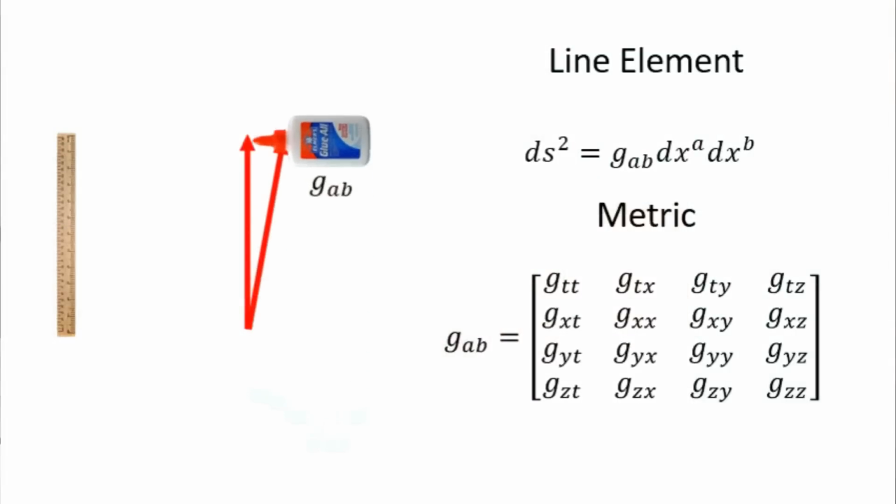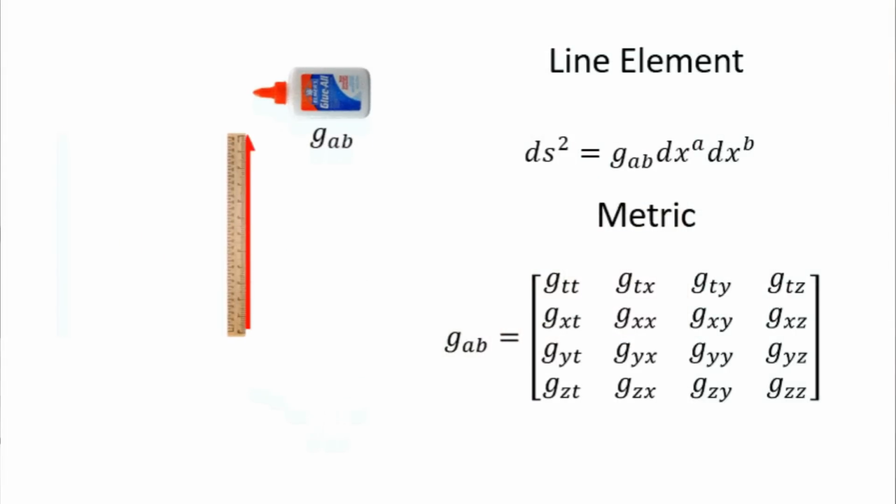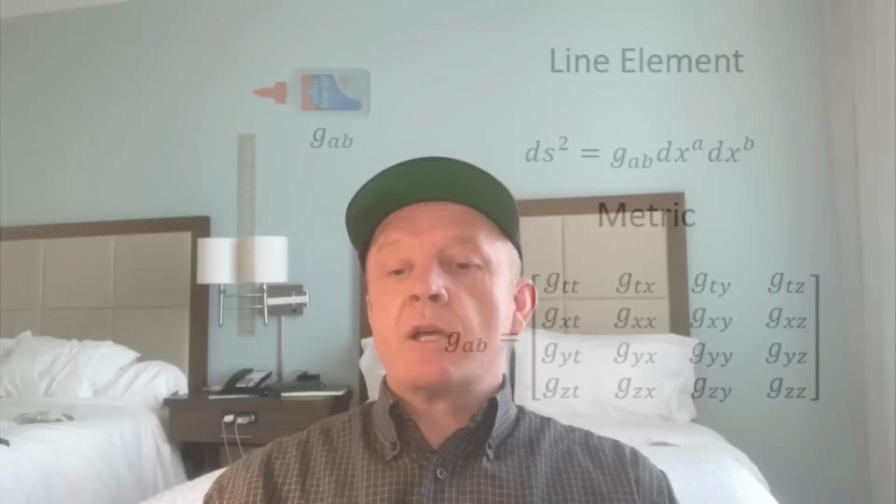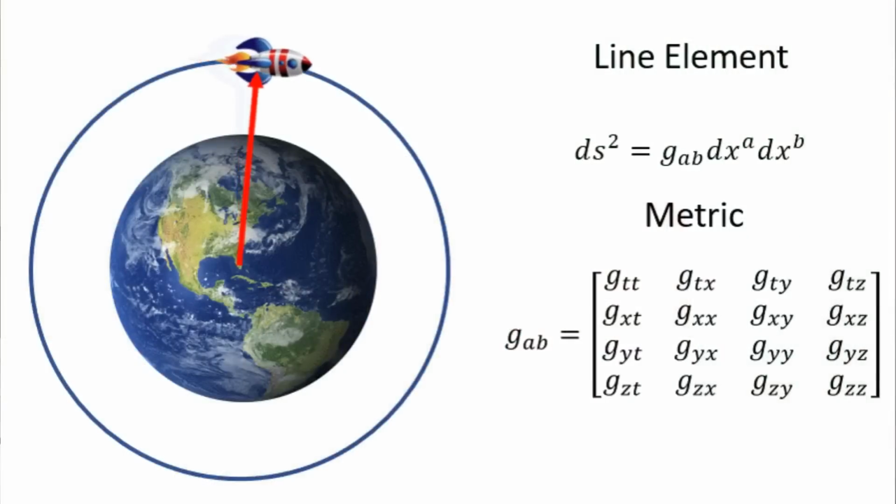Now we can take two four vectors and combine them together to get an absolute distance between different reference frames. And so this is done by using a little mathematical tool called the metric. Now the metric is just a simple way that takes two four vectors and combines them into a single absolute distance in this case.